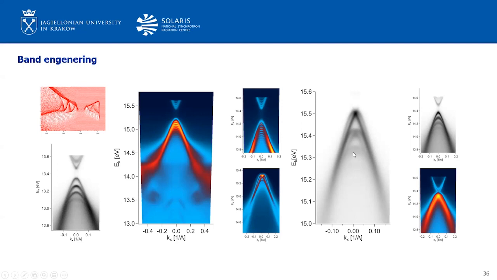We can see here sub-bands and Dirac cone and similar, and other, and parabolic of course here, and some details like here.